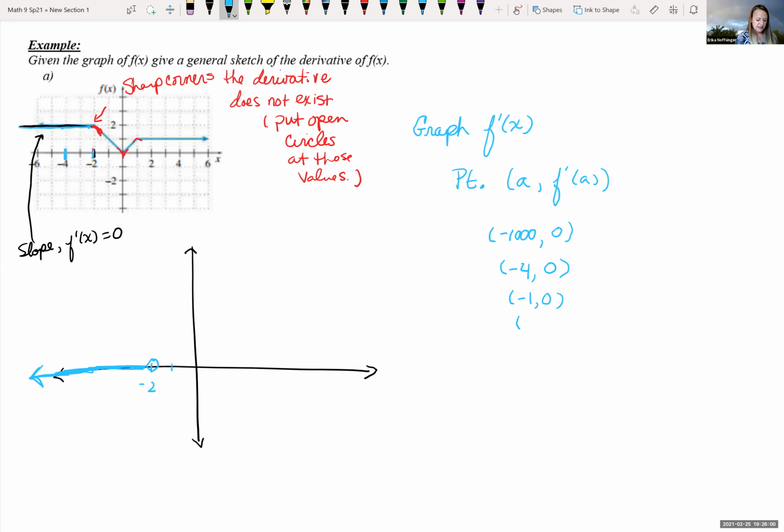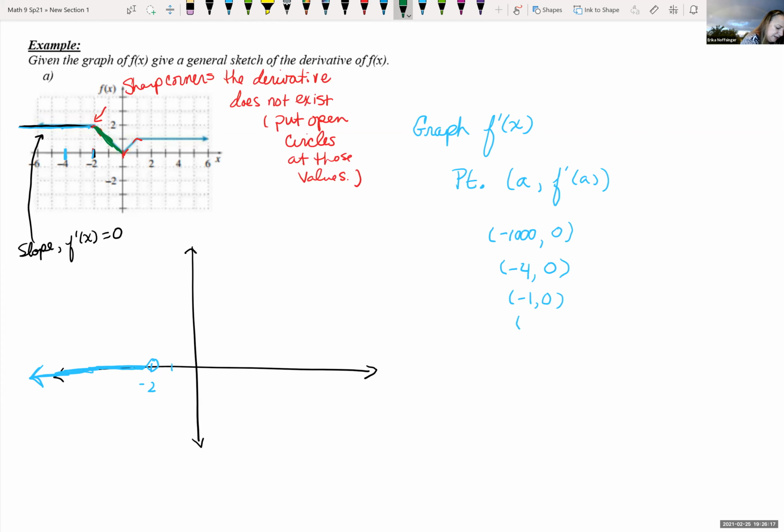So now, let's look at what's going on from this piece where it's going down. It's decreasing from -2 to 0, the interval notation. And so we're coming down here.